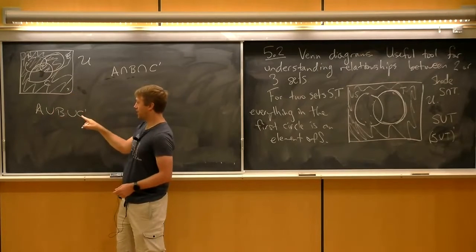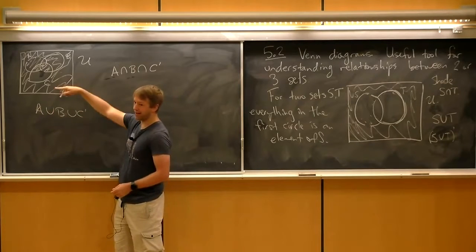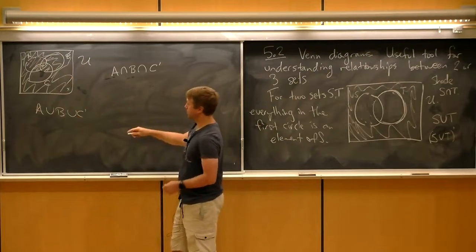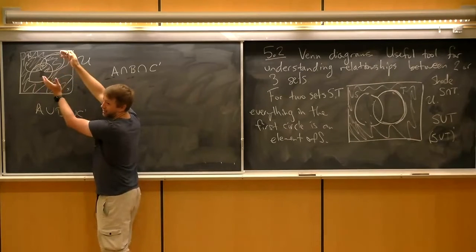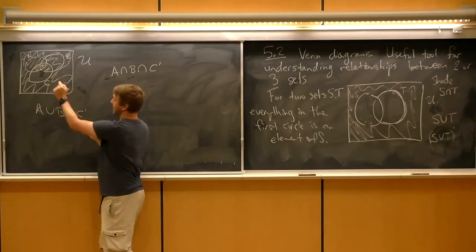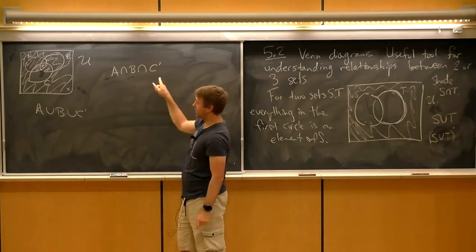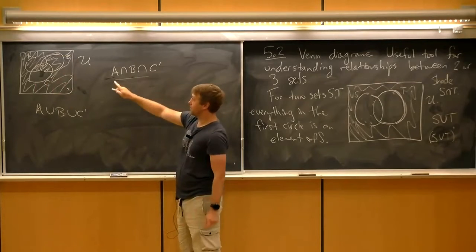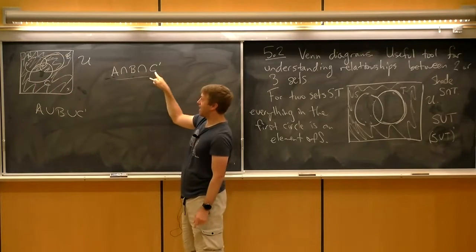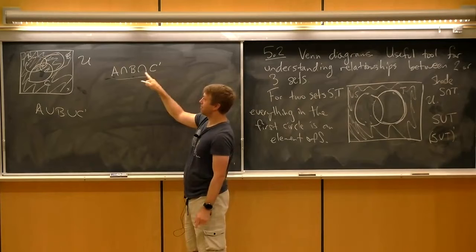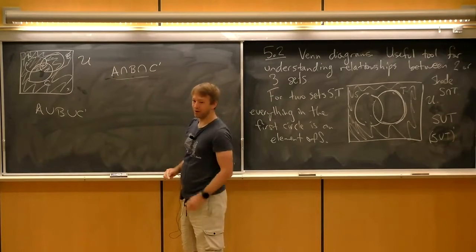That point is in C prime, so it gets shaded, because C prime is everything outside of C. In this case, it's not there because to be in this set, you have to be in A and B and C prime. But it's not in A, so it doesn't work.